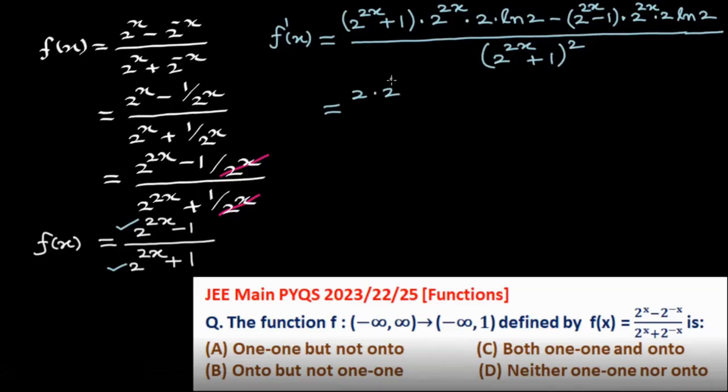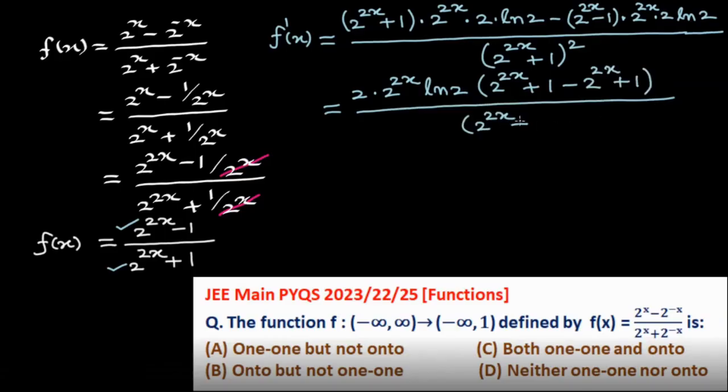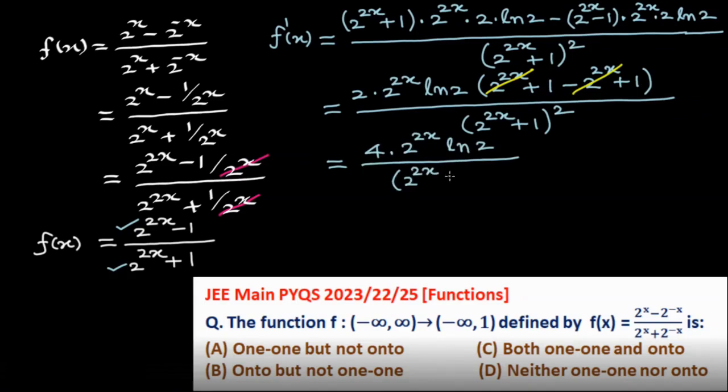That is 2 into 2^(2x) ln 2 into [(2^(2x) plus 1) minus (2^(2x) minus 1)] upon (2^(2x) plus 1) whole square. Cancelling 2^(2x), 1 plus 1 is 2, and 2 twos are 4, so 4 times 2^(2x) ln 2 upon (2^(2x) plus 1) whole square.